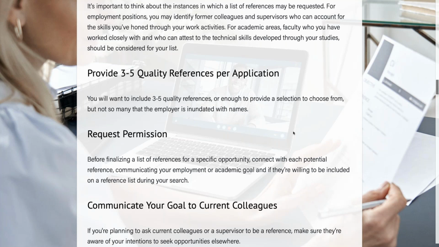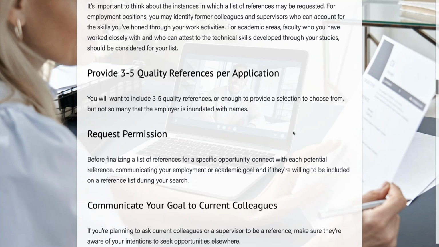You didn't share with them your goal, or that you were interested in looking at opportunities for professional growth outside of your current company. And this may come as a surprise to them.